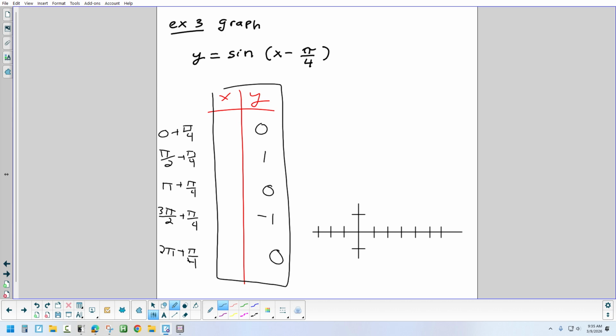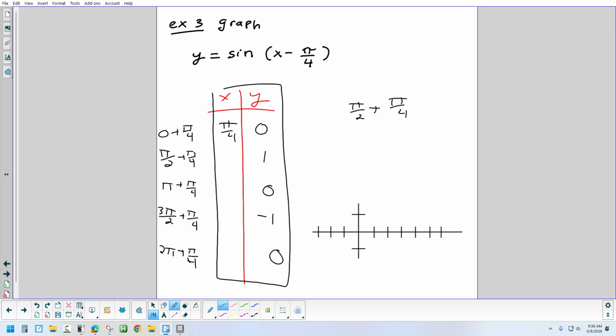What's 0 plus pi over 4? Just pi over 4. Okay, next one is pi over 2 plus pi over 4. Right now, do they have a common denominator? No. So how do we make a common denominator? We're going to multiply.